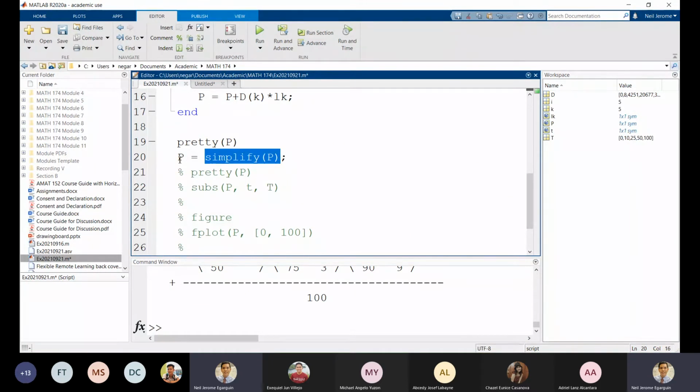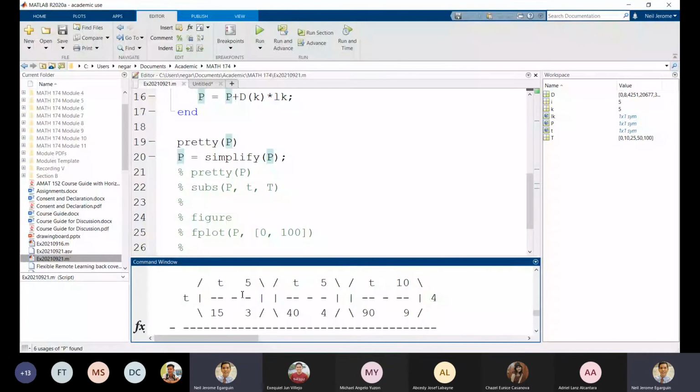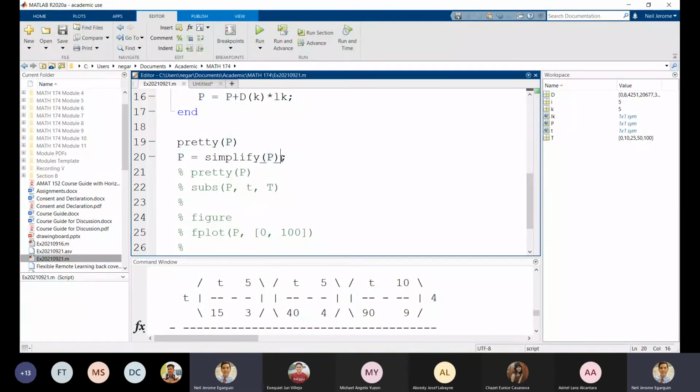So I can again just rerun the program with line 20 uncommented. So wala siyang percent symbol sa umpisa. Pag may percent symbol sa umpisa, ibig sabihin i-ignore lang ni MATLAB yun, di niya i-run yung command na yon. So pag nirerun ko yung program, i-compute niya na si P to be the simplified version of the previous value of P. Pwede rin namang i-type nyo lang yung simplify P sa command window.